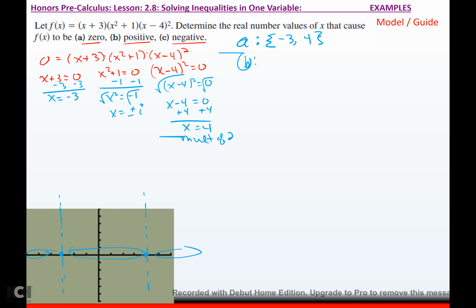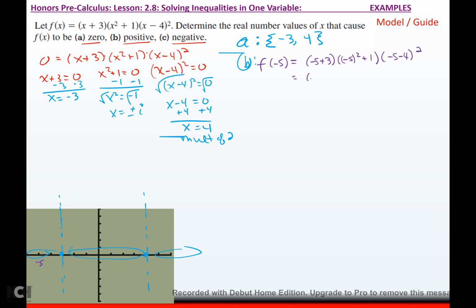Without graphing it to see, we can do what we call a sign check. And what you do is you pick anything in this section. Don't get crazy. I'm going to pick -5. Okay, so if I find f of -5, that will be -5 plus 3, -5 squared plus 1, -5 minus 4 squared.